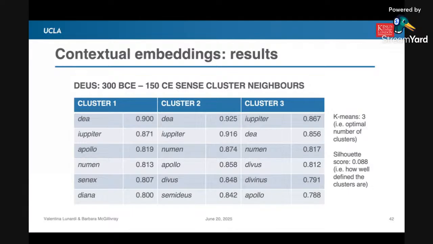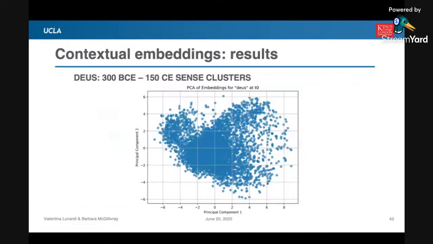They all seem to be really close. The silhouette score is quite low, so that would confirm that these classes are not very well separated between themselves. And if you look at the plot for that, it all looks like one big collection of dots, really.